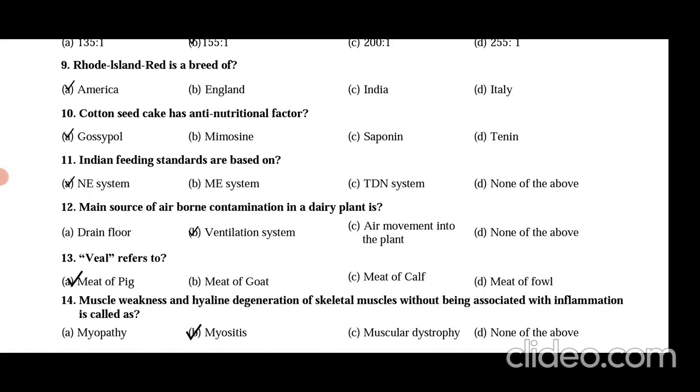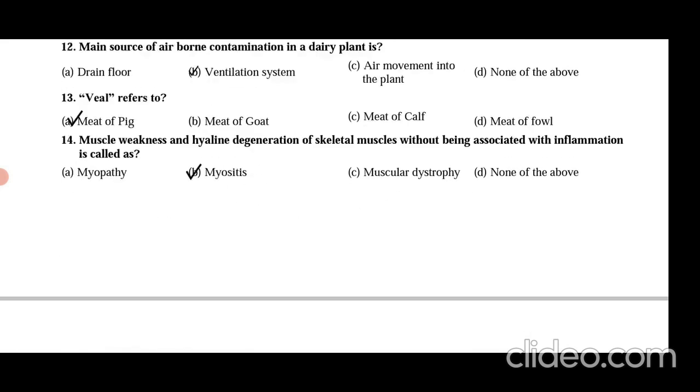Myositis means there is degeneration of skeletal muscles and no inflammation. Myopathy will be if there is inflammation and pathology or degeneration in skeletal muscles.